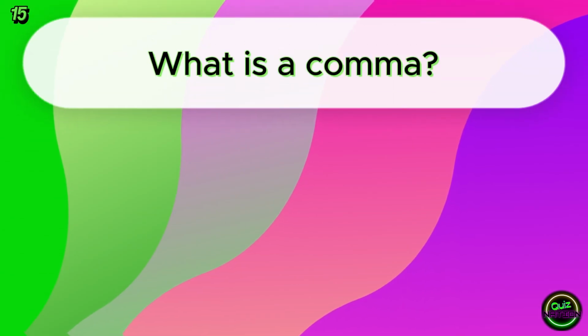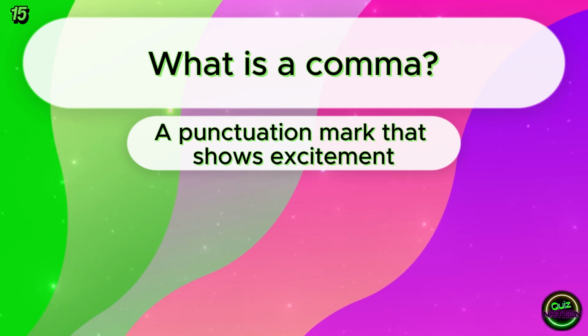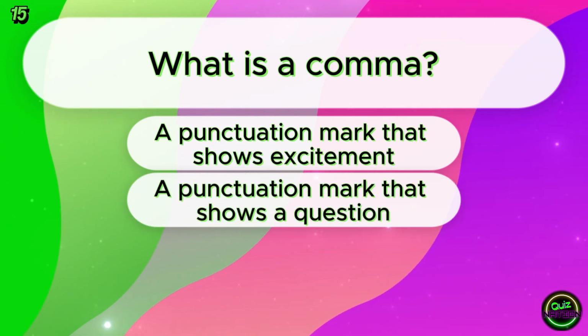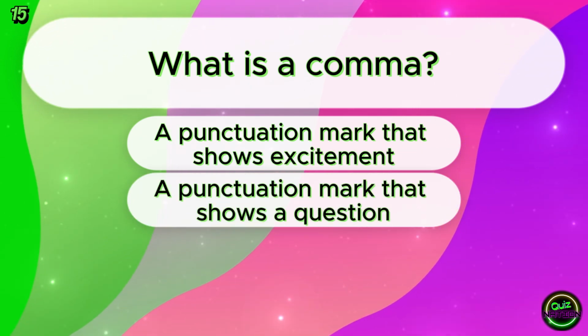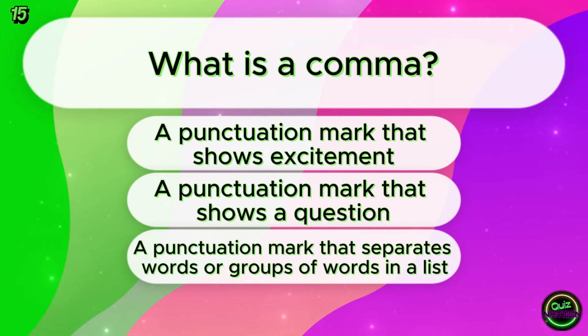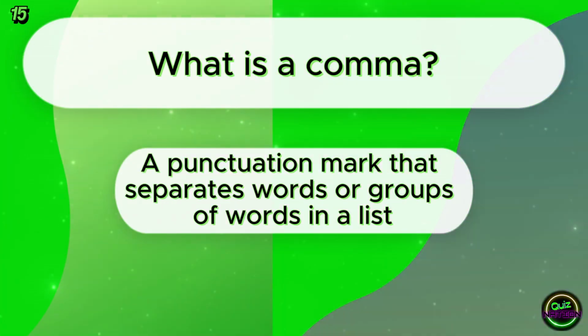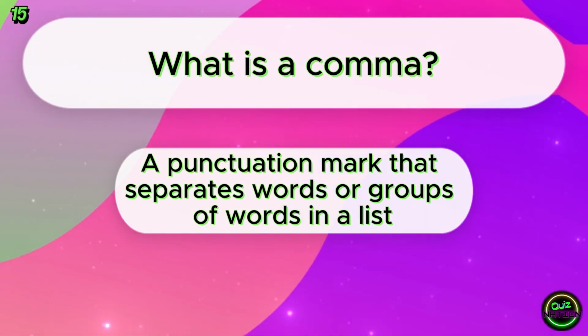What is a comma? A punctuation mark that shows excitement, a question, a punctuation mark that separates words or groups of words in a list. A punctuation mark that separates words or groups of words in a list.